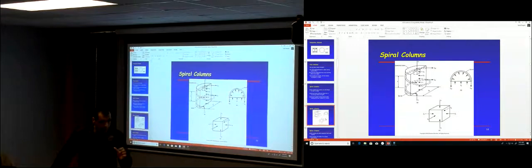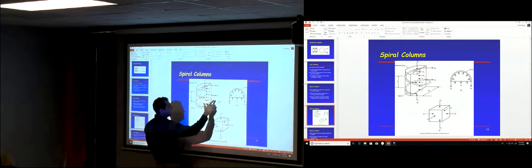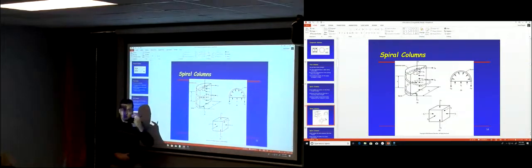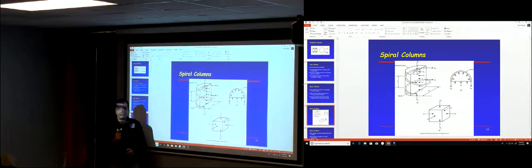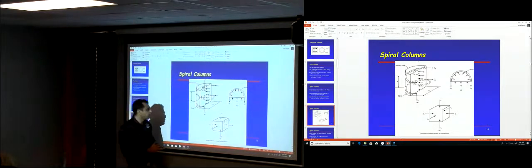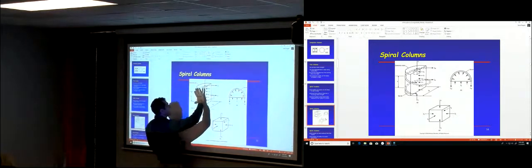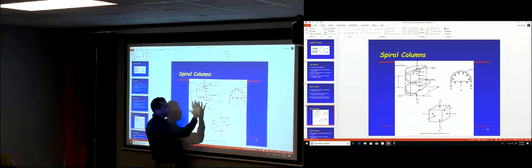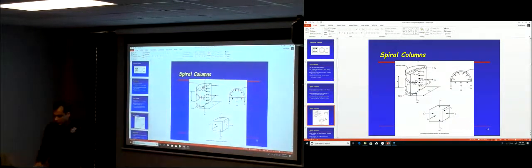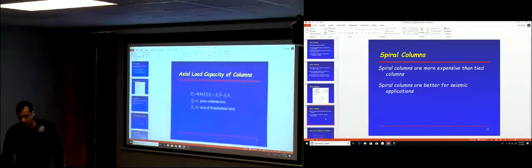Usually to define the area of the stirrups that you provide, we use again rho, but rho here is not a ratio between the areas. It's a ratio between the volumes. The volume of steel that you provide at a distance S divided by the volume of concrete in that distance S. So we have a volumetric rho here.